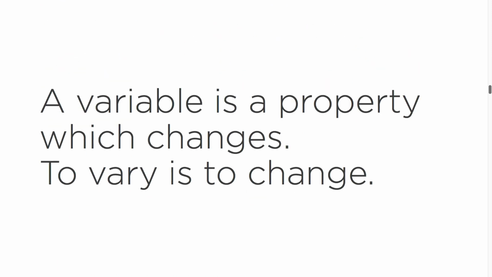A variable is just a property which changes. To vary is to change. So variables are things that are changing about a phenomenon. A moving car has things that are changing. They are variables. Time is moving, distance is changing because it's moving from one point to another.